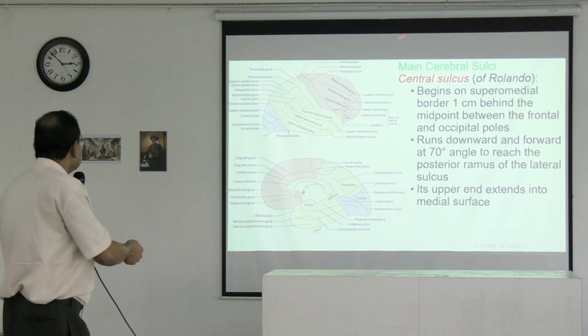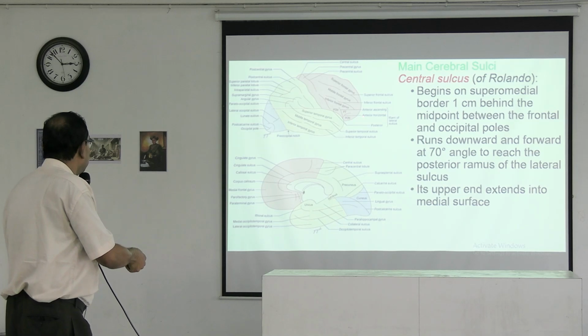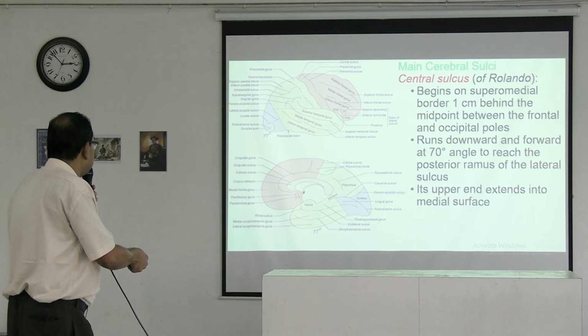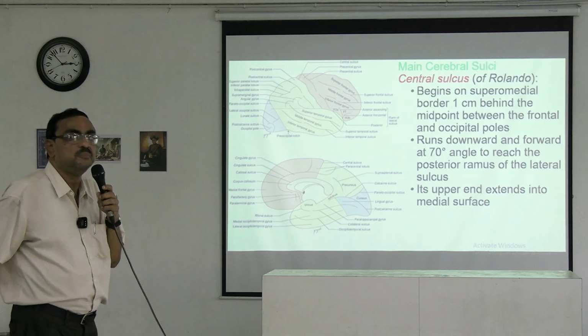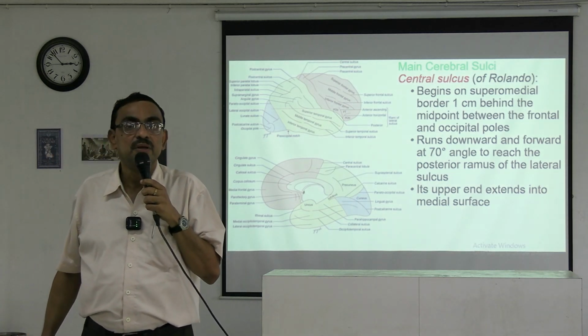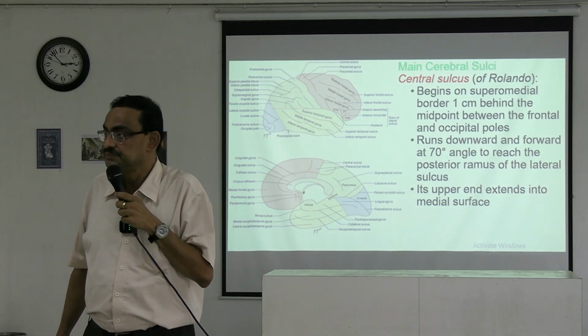Similarly, in the frontal lobe, there is the prefrontal area, areas 9, 10, 11, 12, located in the anterior part of the frontal lobe, which are called frontal areas.